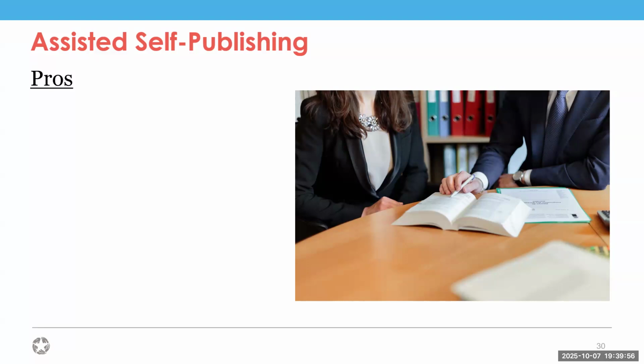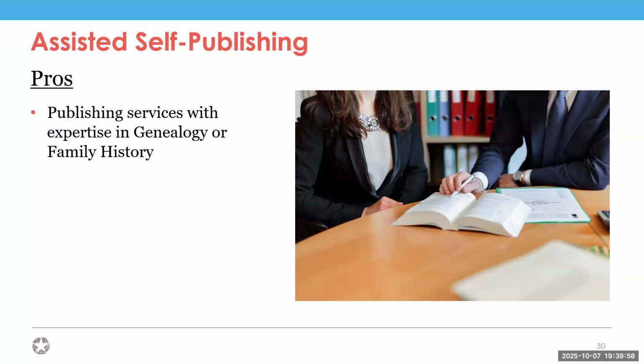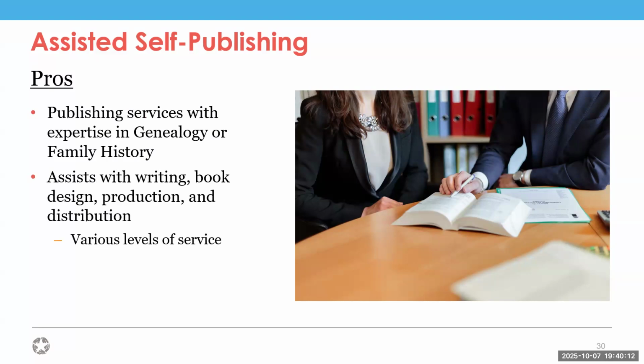So publishing services with expertise in genealogy or family history might be a really good go-to place to maybe answer some of your questions about formatting or preparation of your work. Though it may be a paid service level, they may have some assistance they can provide with writing or book design, production, distribution, those kind of things.